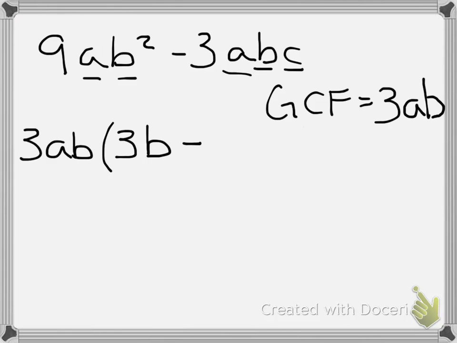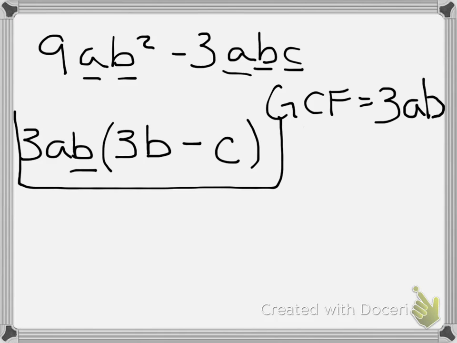So I'm just going to leave it for now. And then I have a divided by a, so that one looks good. B divided by b, so that cancels out. And then c. Okay, so all I have is one c there. And I can write the one if I want, but we don't usually, right? So for my answer, I have 3ab multiplied by 3b minus c.